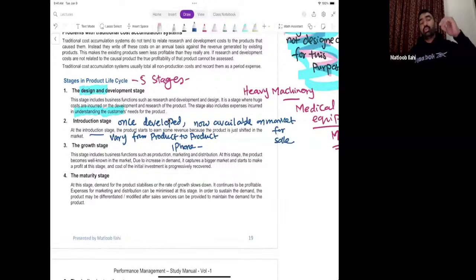So as soon as the new model is launched, it is sold quickly. But this is not the case with every product. Countless products are there. When they are offered on the market, they need to spend heavy budgets on their marketing to create awareness among customers.